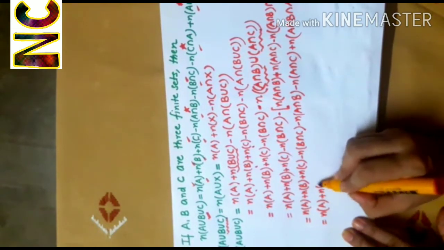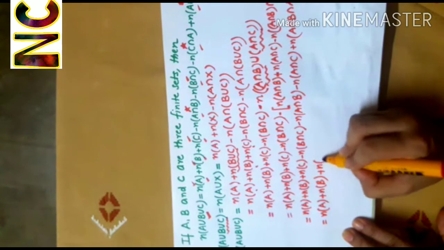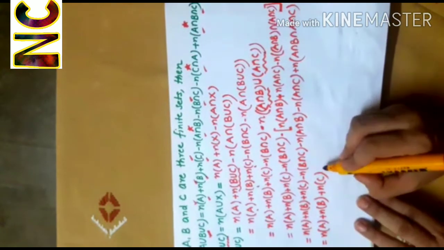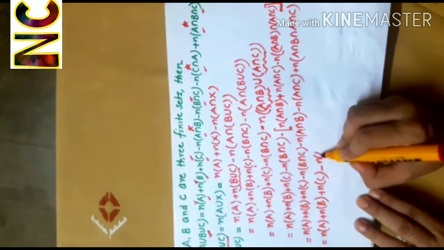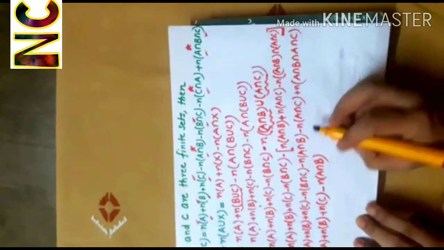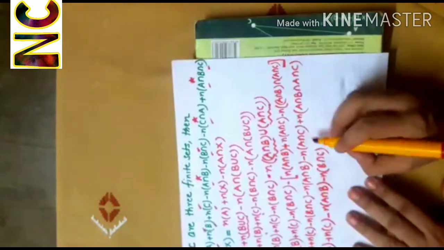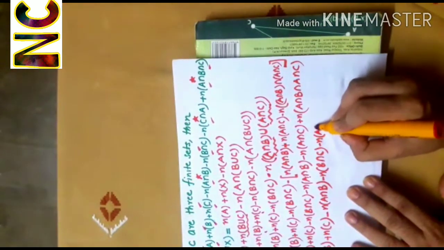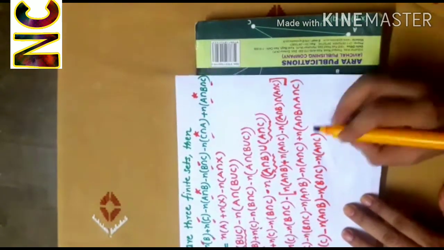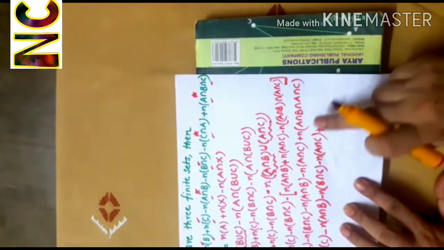Number of elements in A plus number of elements in B plus number of elements in C minus number of elements in A intersection B minus number of elements in B intersection C minus number of elements in A intersection C plus. Now look here.